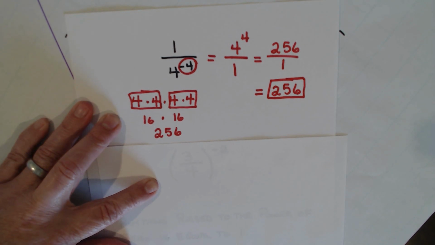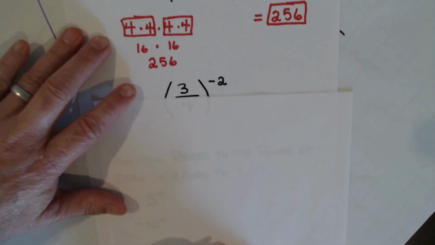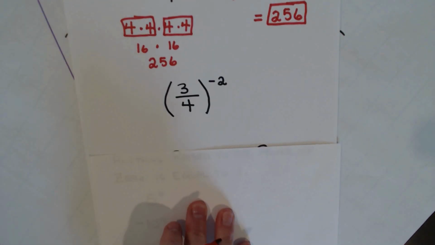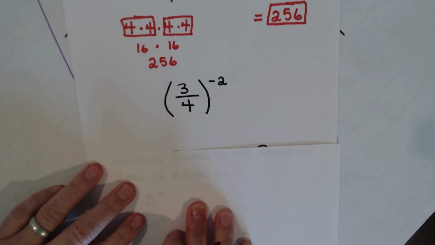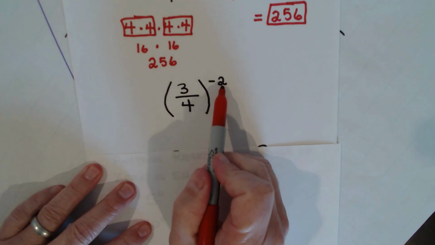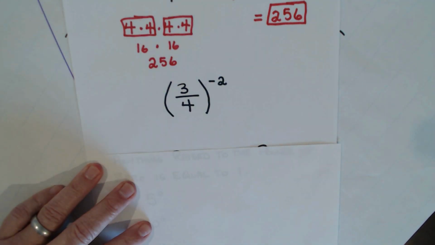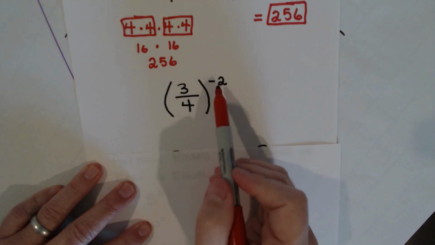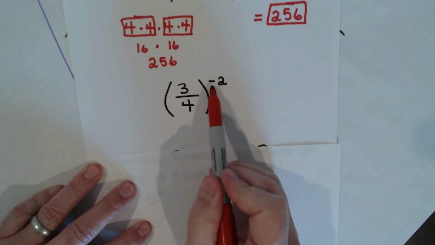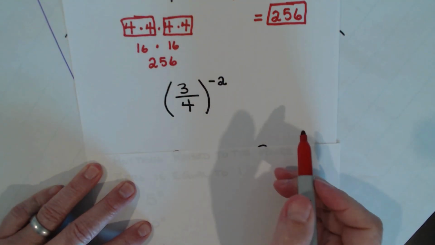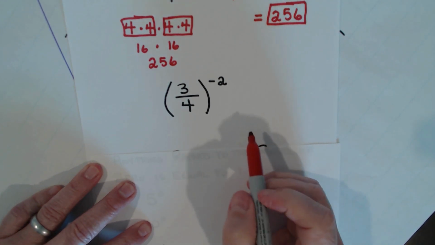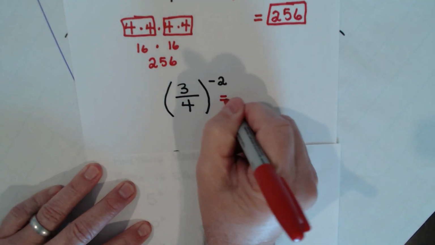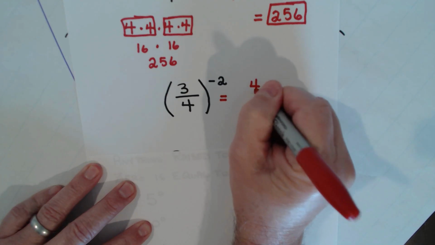So let's take another one that's already written as a fraction, but looks a little different, like this one right here. It's already written as a fraction, but I've got a negative exponent. So I don't have to do step number 1. I don't have to write it as a fraction. Everything inside these parentheses is being taken to this exponent. So I'm going to follow my rules and flip it.